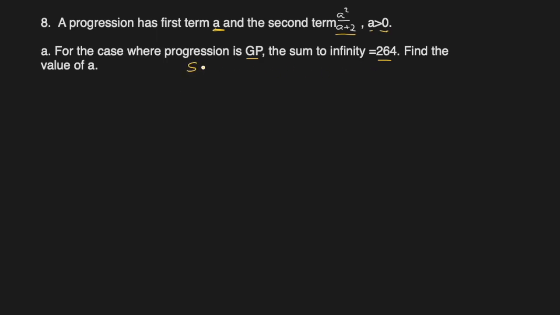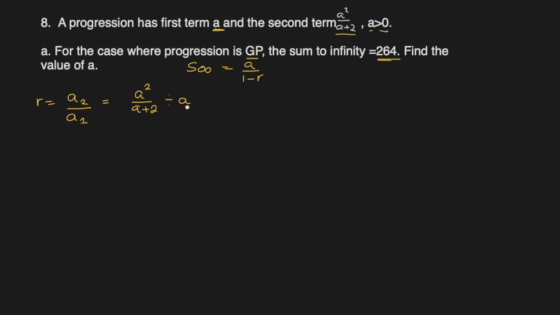So sum to infinity is a over 1 minus r. The sum to infinity we know is 264, a and r we don't know. So let's eliminate one of them. We can find r now. r is always any term, in this case the second term, divided by the previous term. So the second term divided by the first term will give us r. The second term is a squared over a plus 2, divided by the first term, which is a.